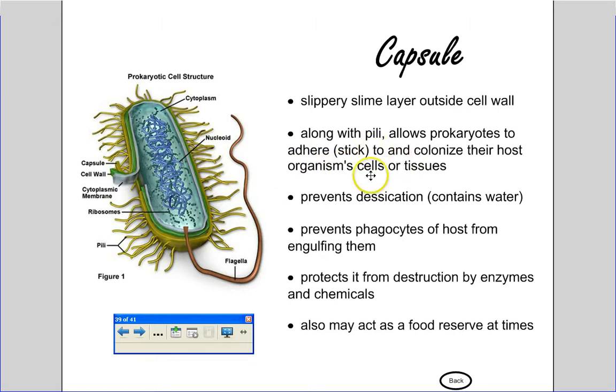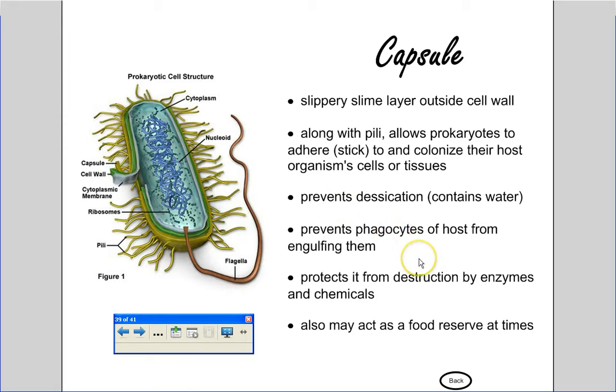Along with the pili, it allows the prokaryotes to stick to or adhere to other cells, so they can stick to each other, but they can also stick to their host cells so that they can colonize them. So that's how they're able to bring about infection. The jobs of the capsule: it prevents drying out or desiccation, since it contains water.